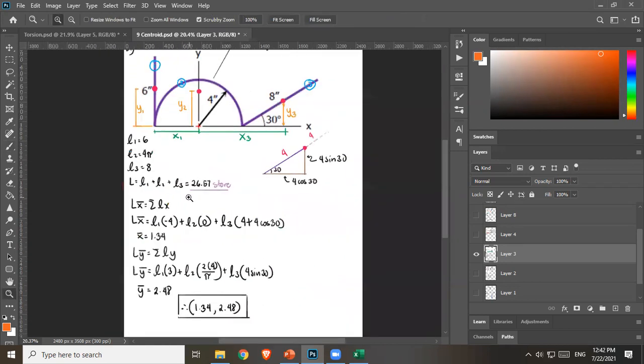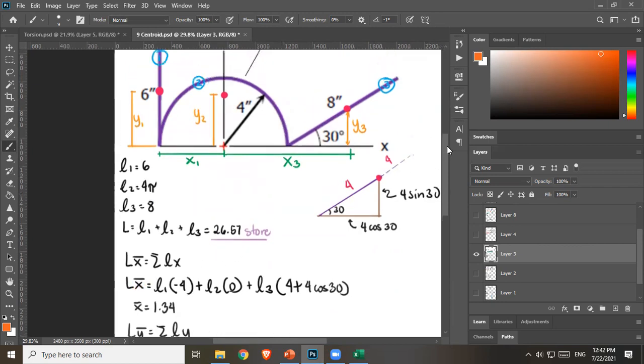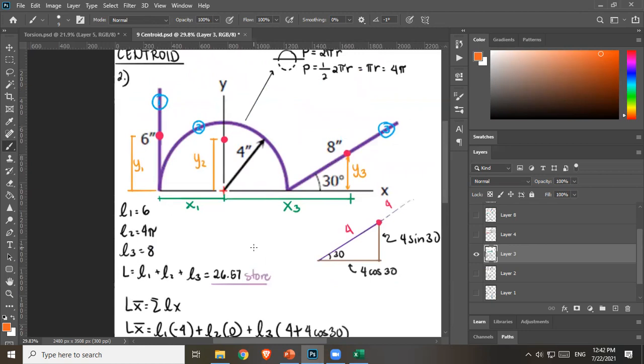Next, use the equation L x bar equals summation of Lx. Again, L is 26.57. X bar is what we're looking for. So let's start with L1. Again, x is the distance from the y-axis. So this is your x1. Now we have a sign convention here as well.